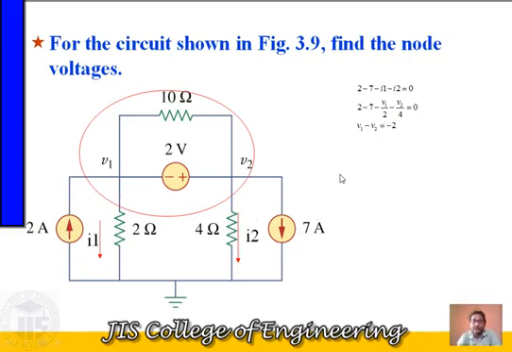So we can write 2 equals I1 plus I2 plus 7, right? If we take all the quantities to the left hand side, the incoming current is 2, and the outgoing currents move from right to left with a negative sign: minus 7, minus I1, minus I2.